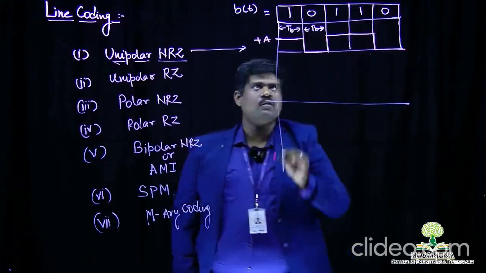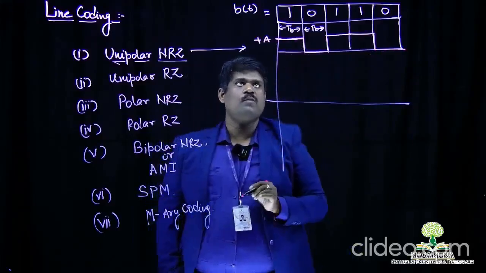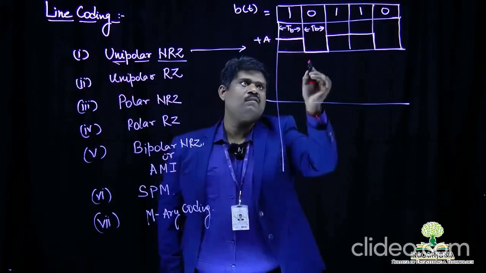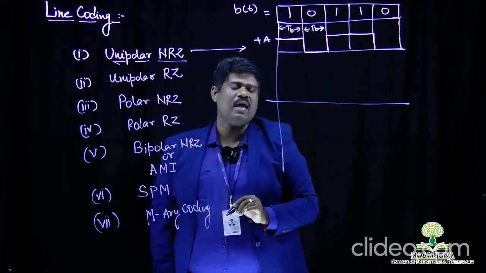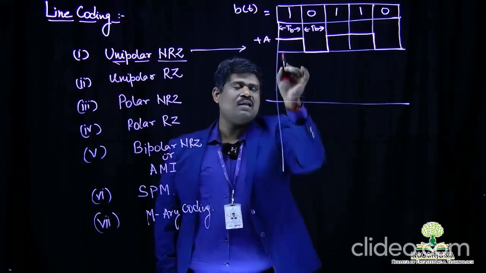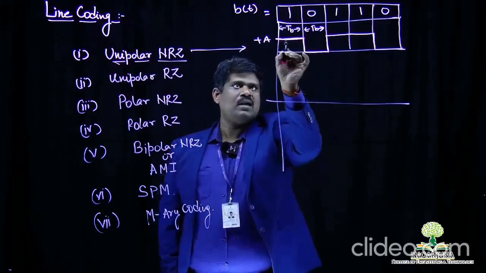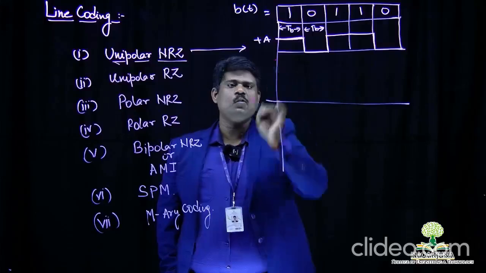For the whole bit interval, your pulse is either high or low. That's why this technique is known as unipolar, because here we have one polarity, and the waveform maintains its voltage level for the whole bit interval. That's why it is called non-return to zero.